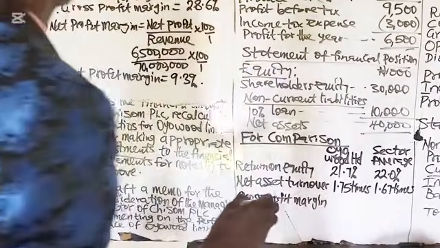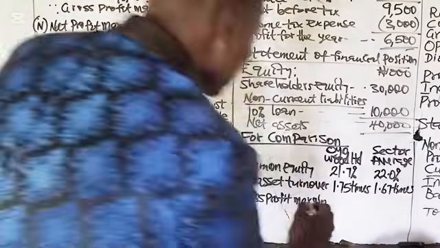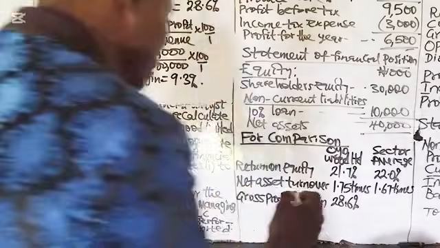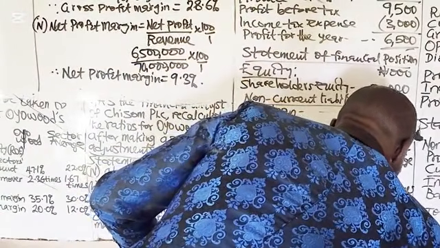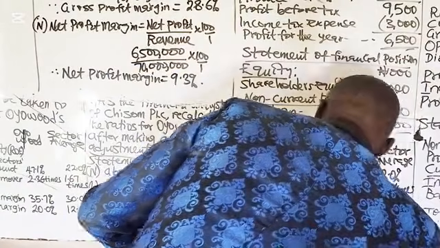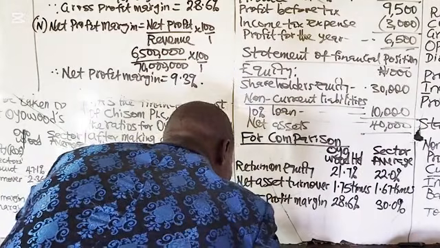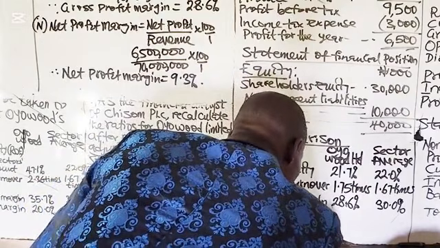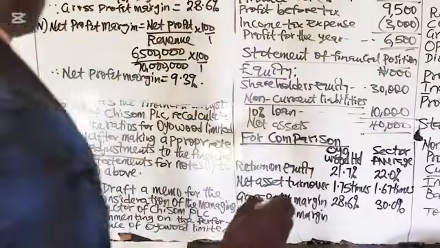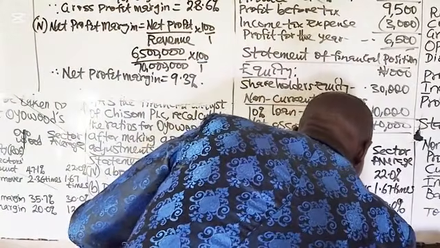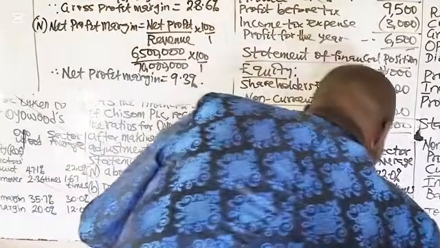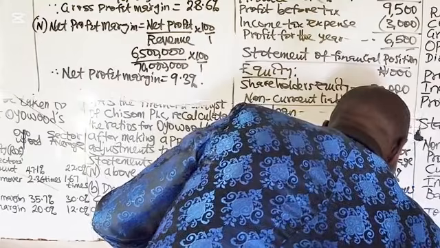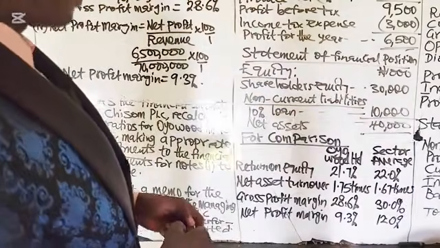From our calculation, we got 28.6%, and the industrial average given in the question is 30.0%. Then the last one is net profit margin. From our calculation, we got 9.3%, and the industrial average given in the question is 12.0%. These are the ratios for comparison purposes.